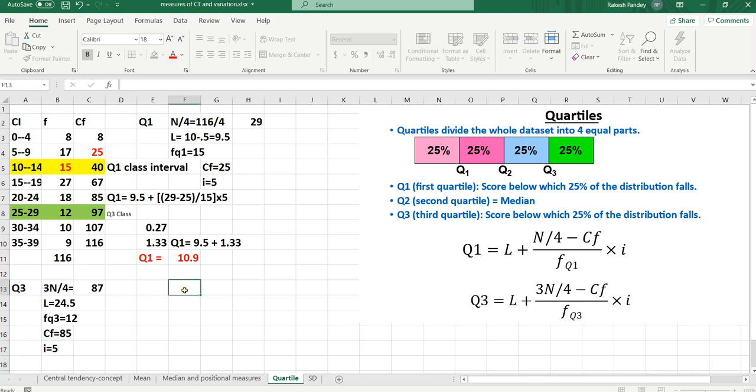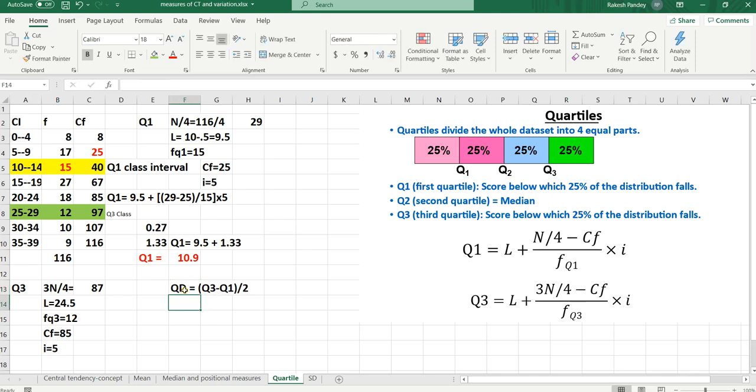I will discuss this in detail in another class that you have to study. Based on these two values, Q3 and Q1, we can compute another statistic called quartile deviation. Quartile deviation is basically Q3 minus Q1 divided by 2.